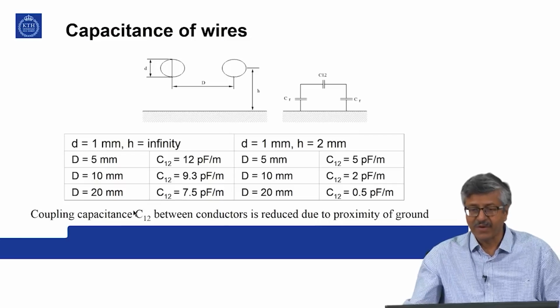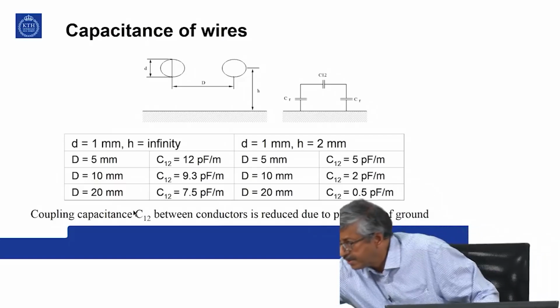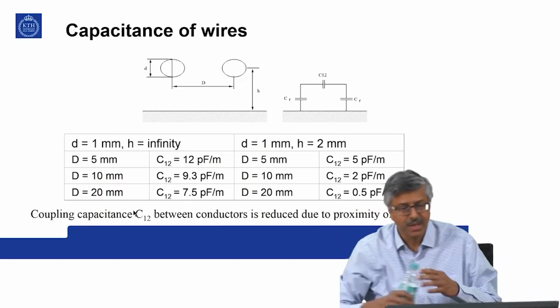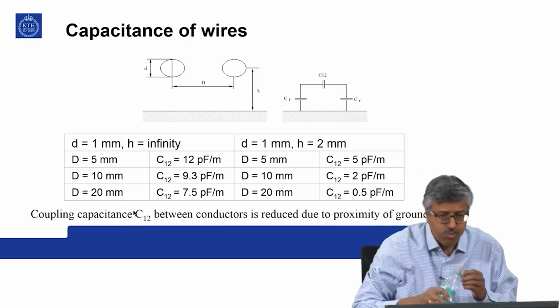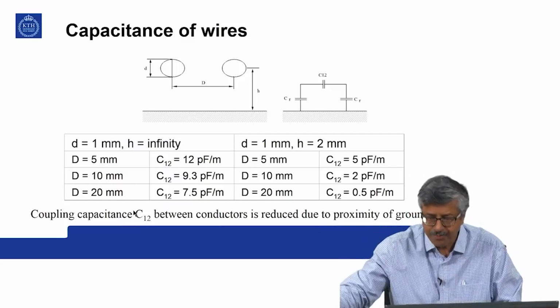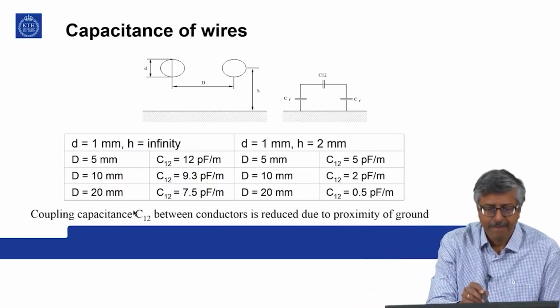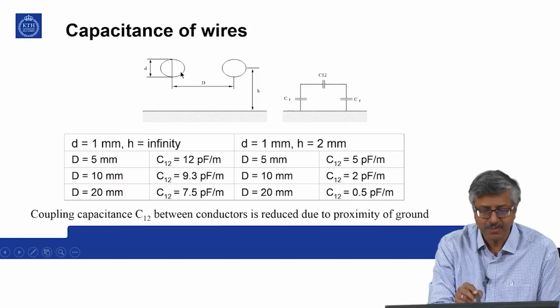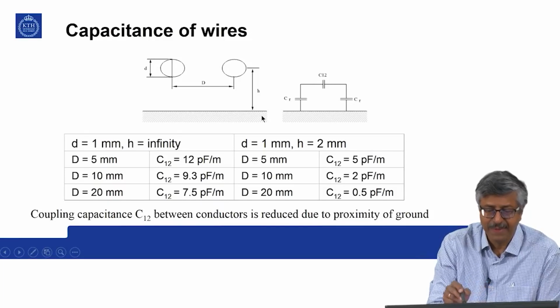Now, capacitance of wires. You have two parallel conductors, separation distance capital D, cross section small d, and height h.